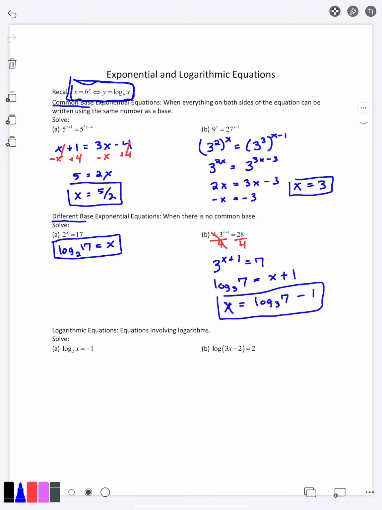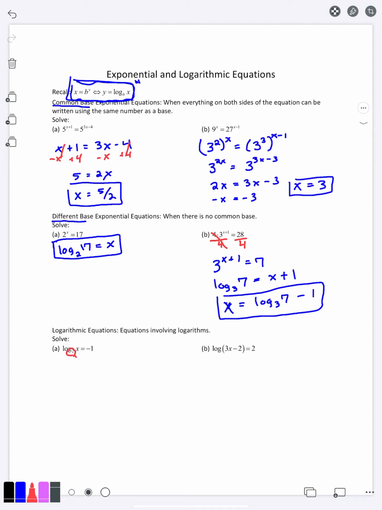Now it turns out you can also solve logarithmic equations in a similar fashion. But instead of converting your exponent equation into logs, you're going to do the reverse here. However, it is using the same rule from the top. So if I want to solve log base 2 of x equal to negative 1, we're going to convert that.